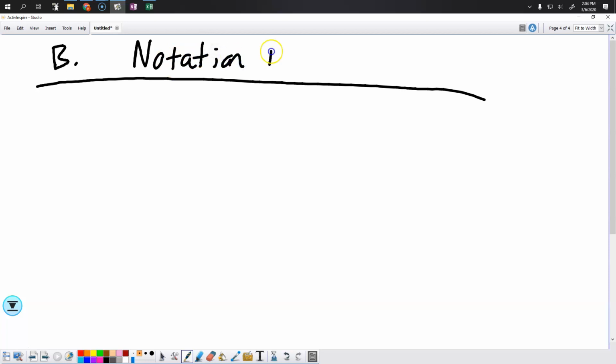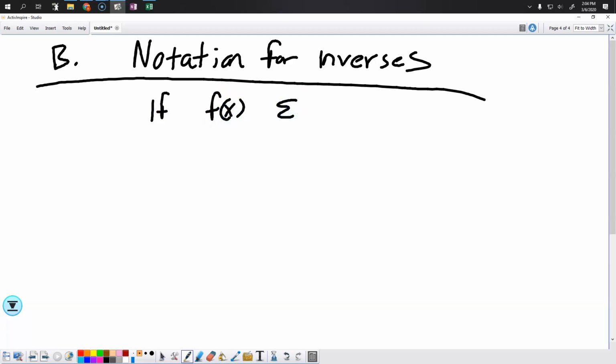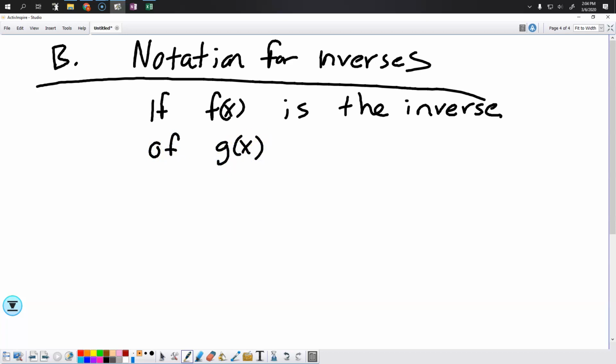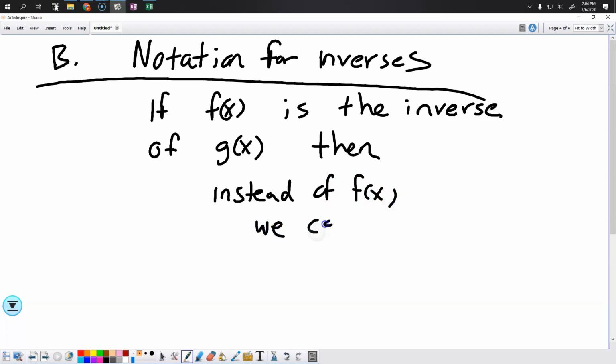If f of x is the inverse of g of x, then instead of f of x, we can write this. Okay, I'll pause there while you guys are writing.